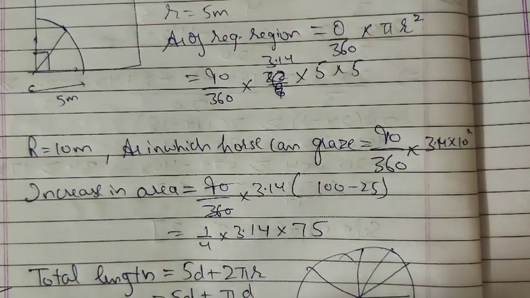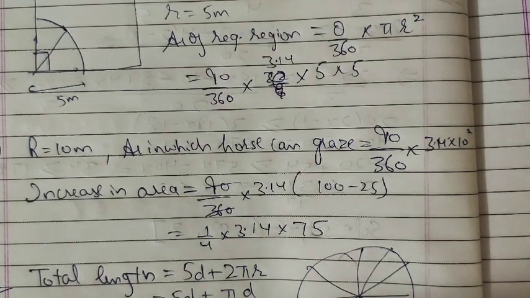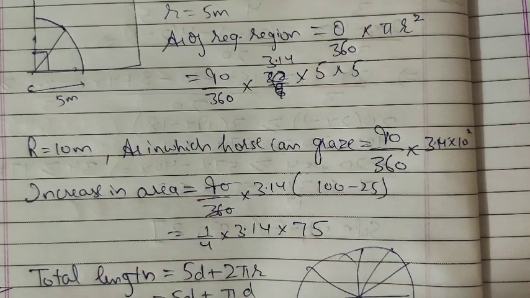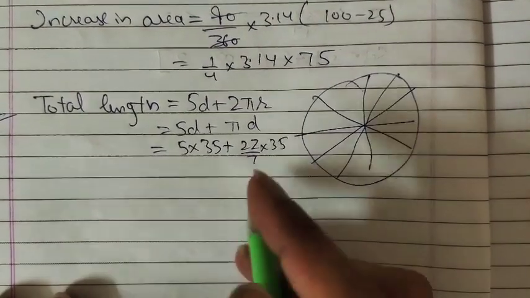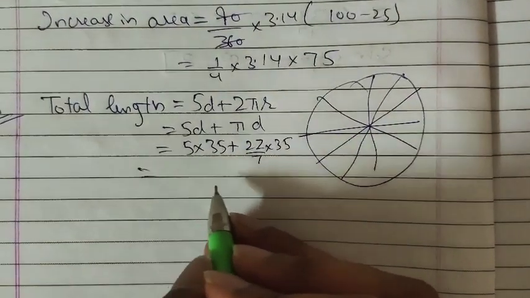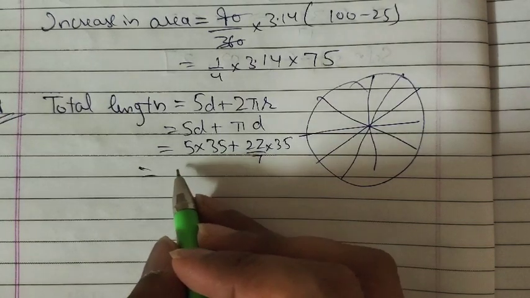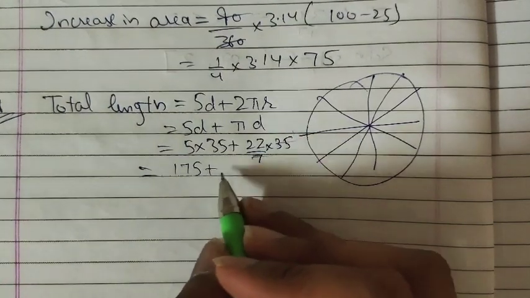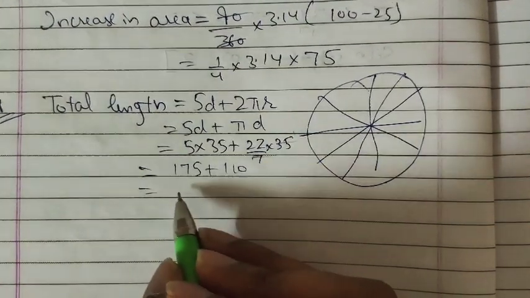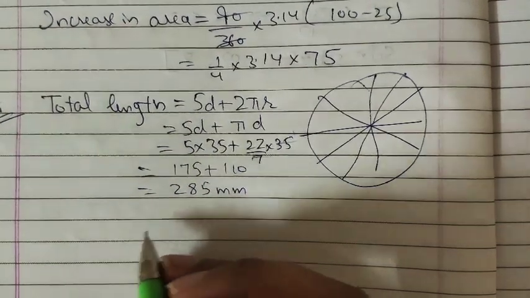So 5 multiplied by the diameter 35 mm, that is 35 multiplied by 5, plus pi, which is 22 by 7, multiplied by 35. So 175 plus 110, which is 285 mm. This is the total length of wire.